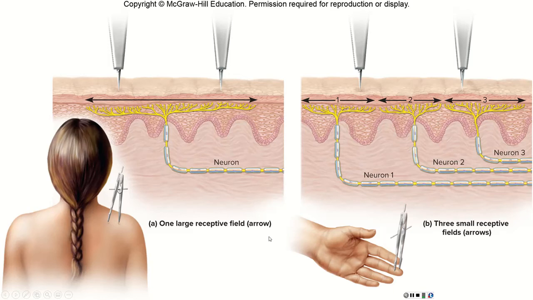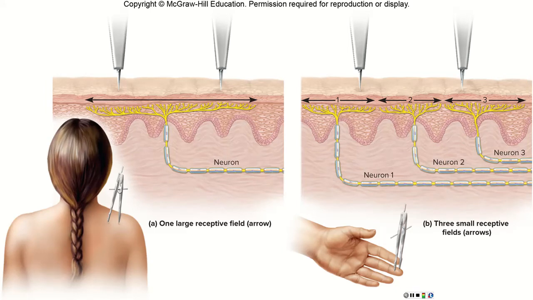Remember in the 2-point discrimination test, you took 2 pins or 2 needles or 2 of whatever, and you touched somewhere on your arm or your hand or your finger. And the first time you touched, you felt 2 points, and then you moved those a little closer and you touched, and you moved them a little closer and you touched, until eventually you could only feel 1 point, even though there were 2 of them touching.